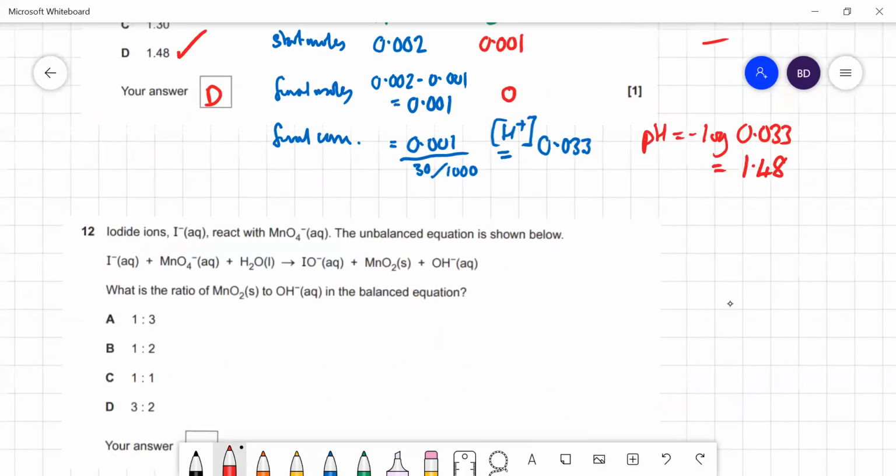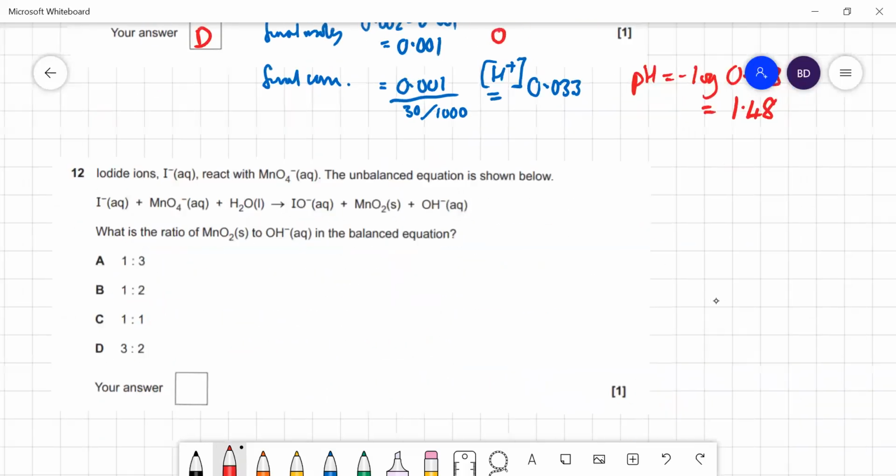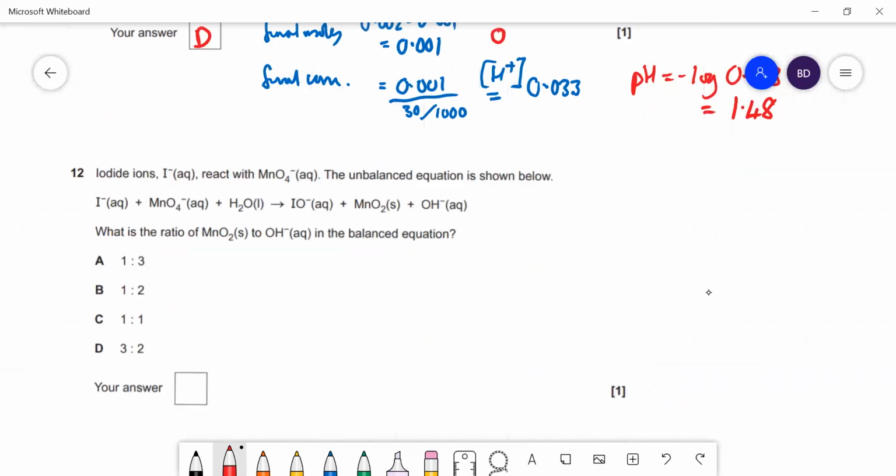Okay, we've got iodide reacting with manganate there. The unbalanced equation is shown below. What's the ratio of MnO2 to OH minus? Right. So what I would probably do here is use oxidation numbers first of all. So we've got a +7 oxidation number of manganate there, going to +4 there. So that has gone down by 3.